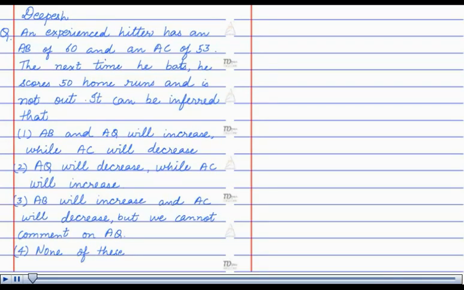The question is, an experienced hitter has an AB of 60 and an AC of 53. The next time he bats, he scores 50 home runs and is not out. It can be inferred that it is given that AB is equal to 60 and AC is equal to 53.